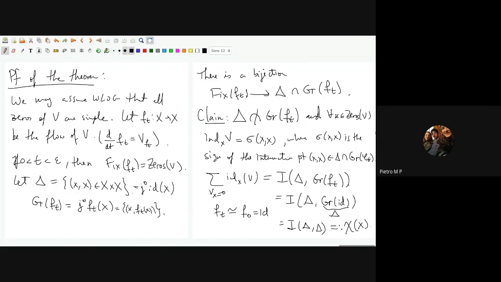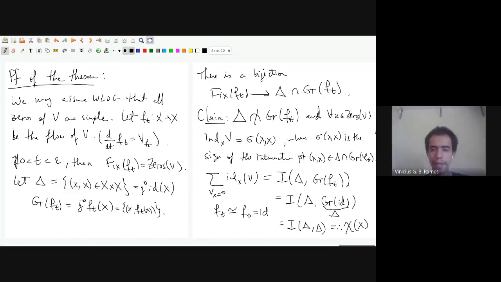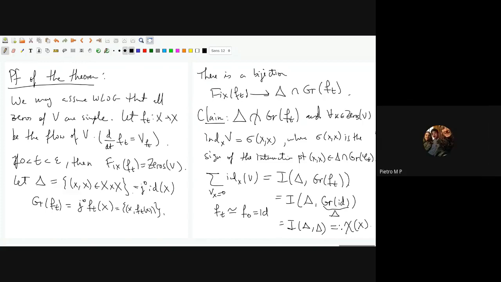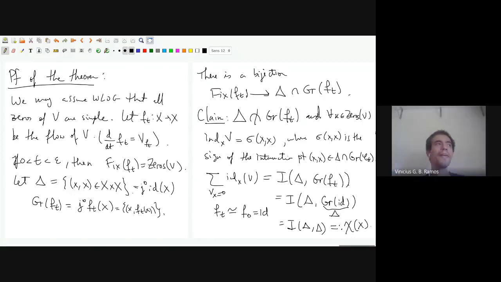How hard is it to prove that the intersection of the diagonal with itself is equal to the usual definition of it? It depends what you mean by the usual definition. I mean, using Betti numbers or something like that. Well, I'm going to show you in a little bit.